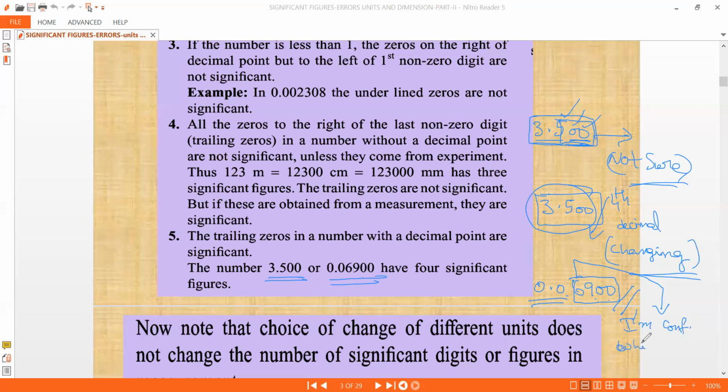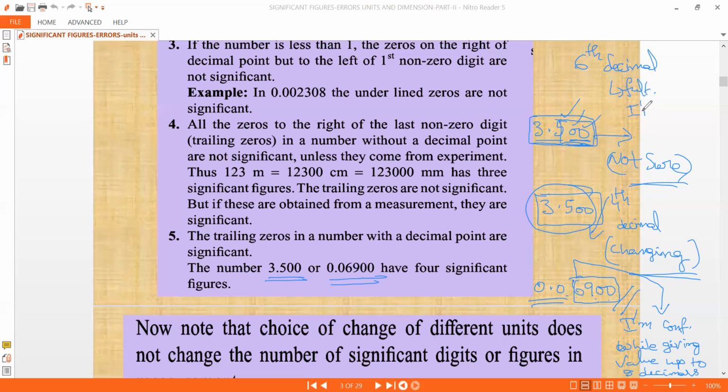I can say that I am confident while giving the value up to these 5 decimals. And if I go up to the 6th decimal in this particular case, that is fluctuating, and I'm not sure.